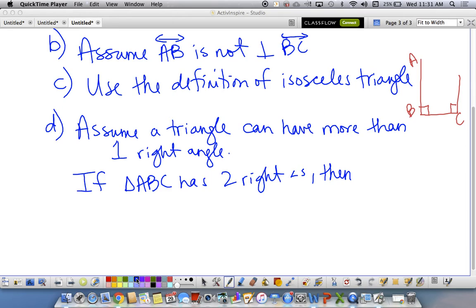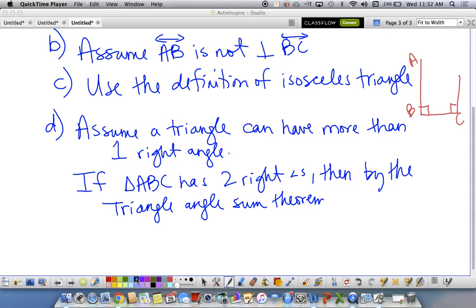Has two right angles, then by the triangle angle sum theorem, angle A would equal 0 degrees. Okay, that's probably not the best sentence in the world.